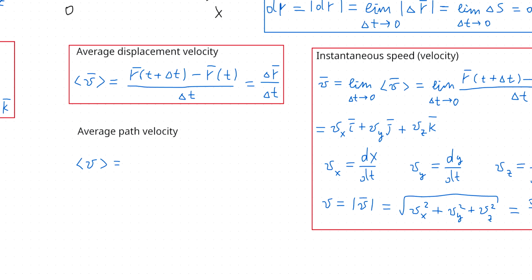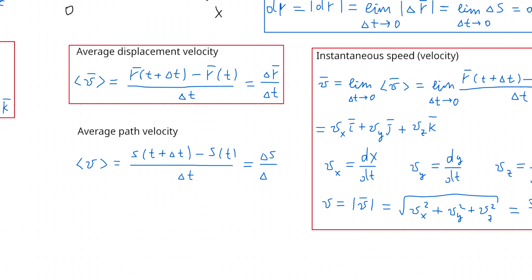And so it may be written as s at time t plus delta t minus s at time t, divided by the increase of time delta t, or what is the same, delta s divided by delta t.